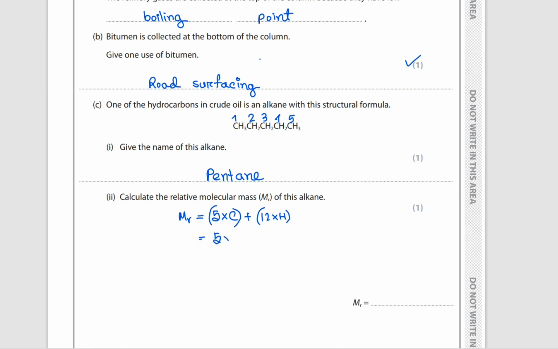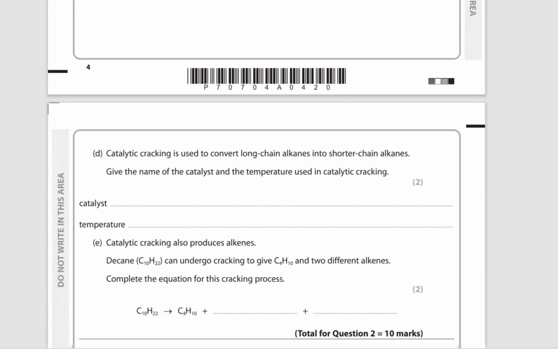It will be 5 times 12 plus 12 times 1, which is basically 72. So the entire Mr of this compound pentane is 72. And with this, our entire question 2C ends.